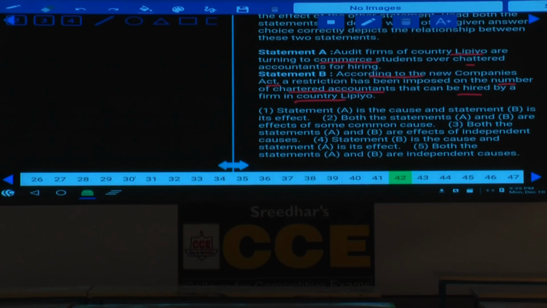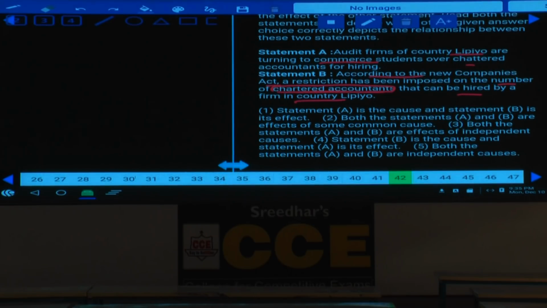What is the clause here? The law is that there should be a restriction on the chartered accountants. These countries should not have this many chartered accountants. As there is a restriction on the chartered accountants, in order to replace them, they are taking commerce students. Clear now why they are going for this?